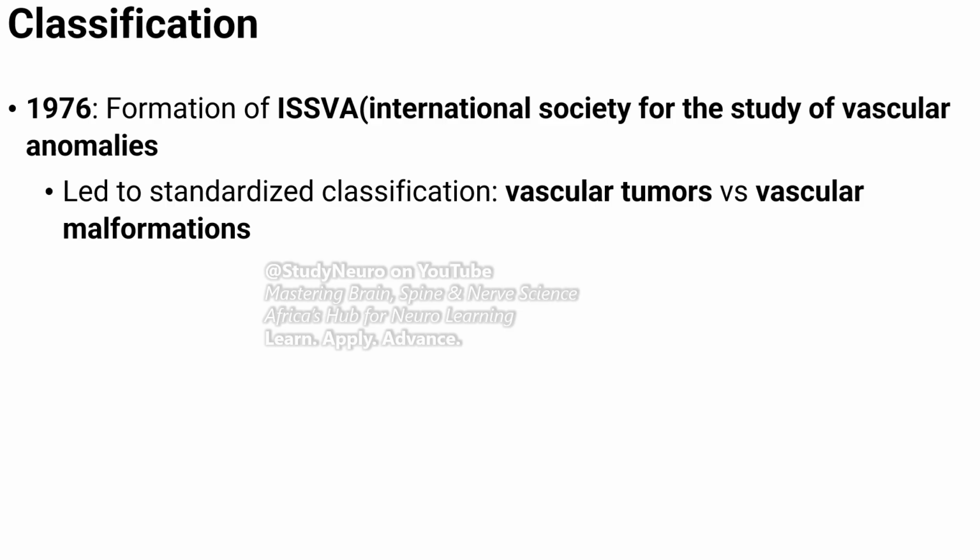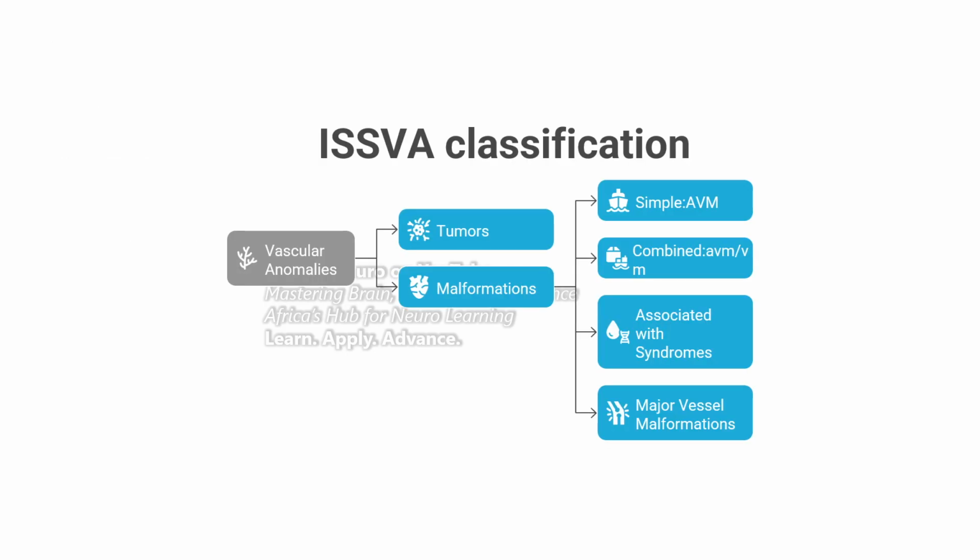The International Society for the Study of Vascular Anomalies classifies vascular anomalies into tumors and malformations. The vascular malformations are further divided into 4 types. The simple, which consists of single vessel types, like the venous malformation, arteriovenous malformations.